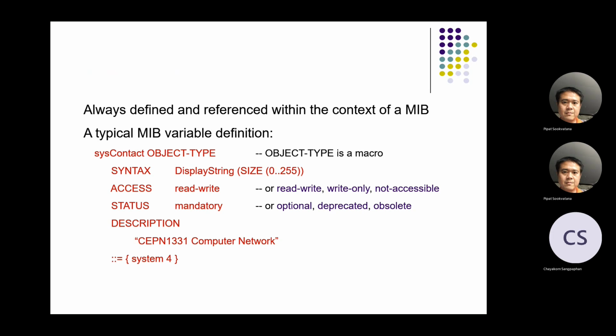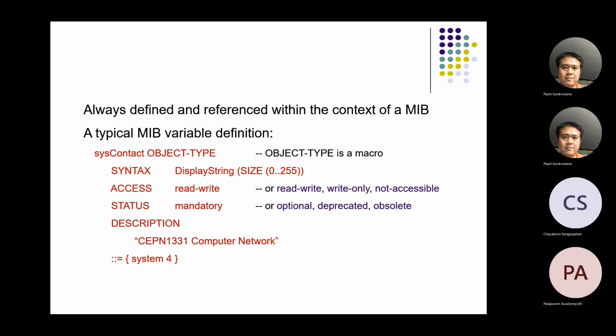The status is mandatory, this means I can manage it. And the description, computer network. And the object ID goes after system, and I name it number 4.